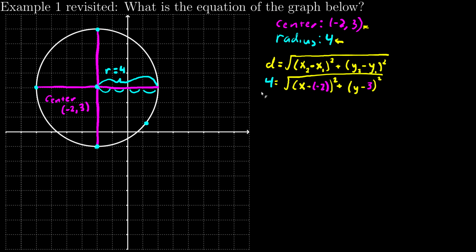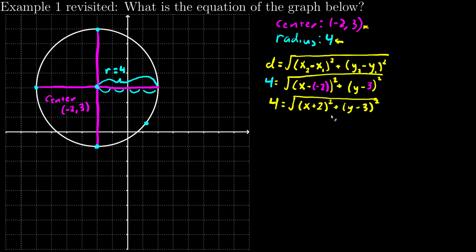And I'll clean this up a little bit, so we would get 4 equals the square root of x plus 2 squared plus y minus 3 squared.